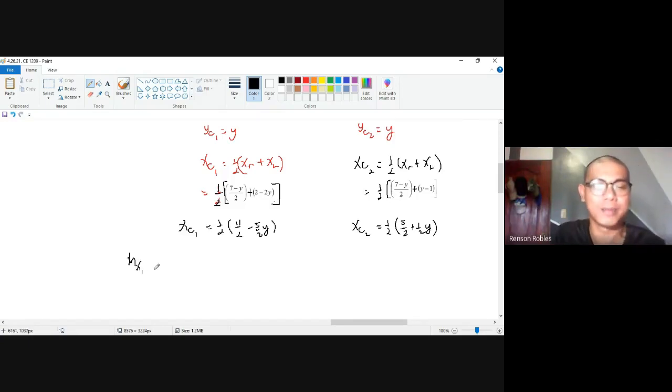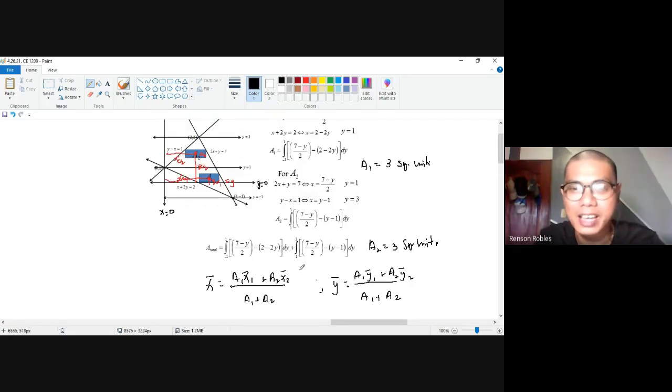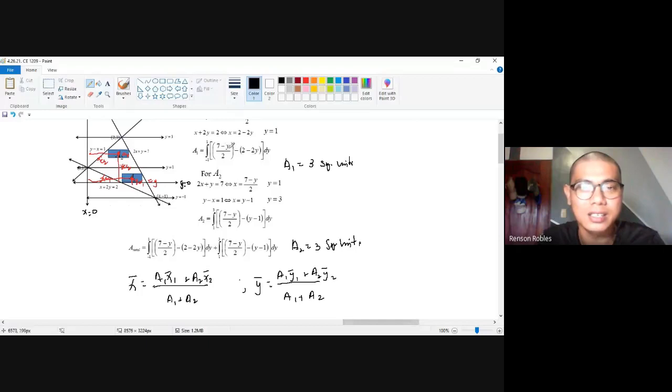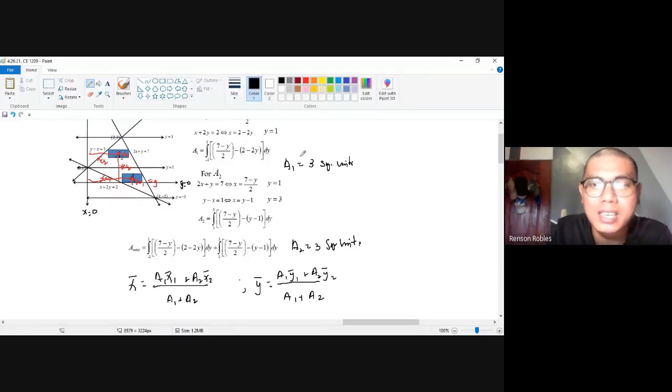mx1. So, sa mx1, gamit yung area. Kuhanin muna natin to. Simplify natin to. So, ito ay 7/2 minus 2 is 3/2. Okay, 3/2. 7/2 minus 2.